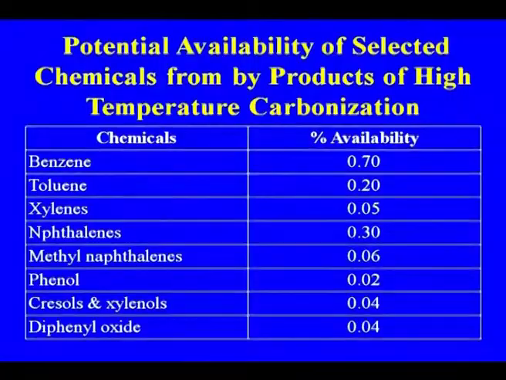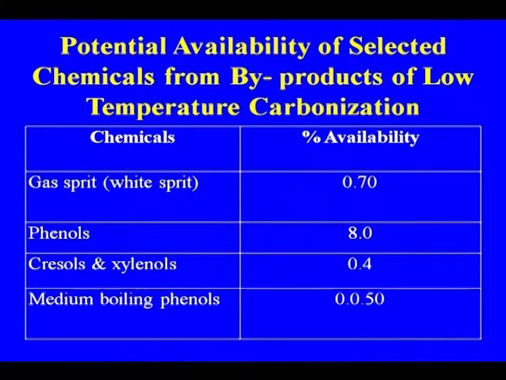This is the potential availability of selected chemicals from byproducts of high temperature carbonization, where you find various aromatics: benzene, toluene, xylenes, naphthalenes, methyl naphthalenes, phenol, cresol, diphenyl oxide. These are present in coal, although the amount is less. Gas spirit includes white spirit, phenols, cresols and xylenols, and medium boiling phenols.